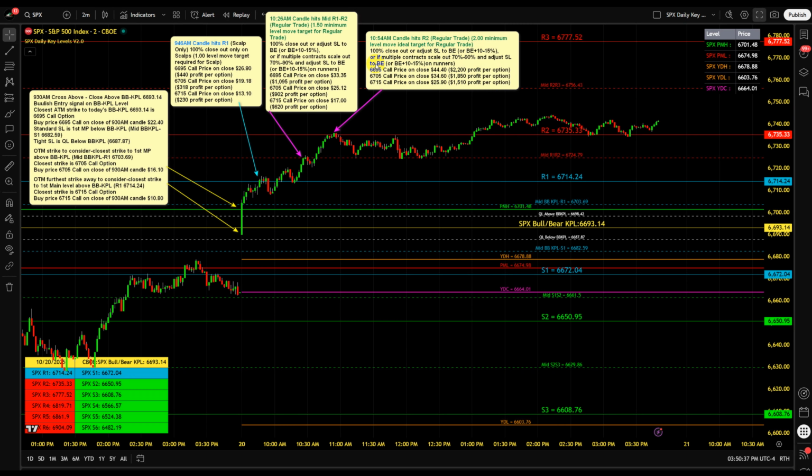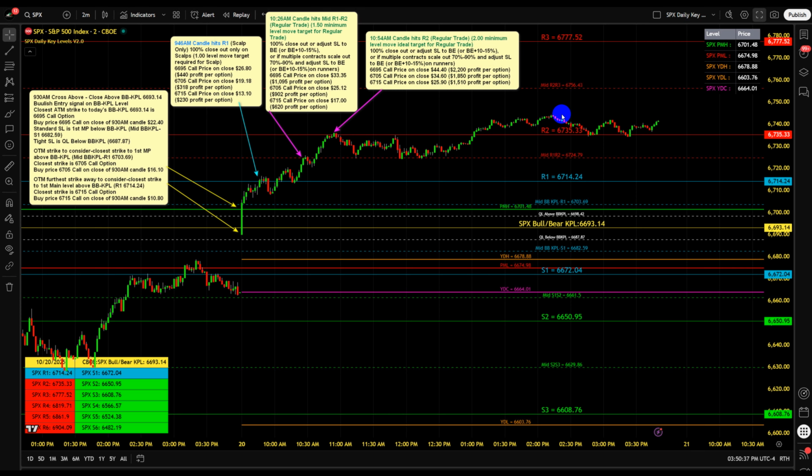And you would have the same decision to make here. 100% closeout, no matter how many contracts you have, or keep all your contracts and adjust stop loss to break even, or break even plus the 10 to 15% profit buffer, or if you have multiple contracts, scale out 70 to 90% of them and adjust the stop loss to break even, or break even plus the profit buffer of 10 to 15% on runners.